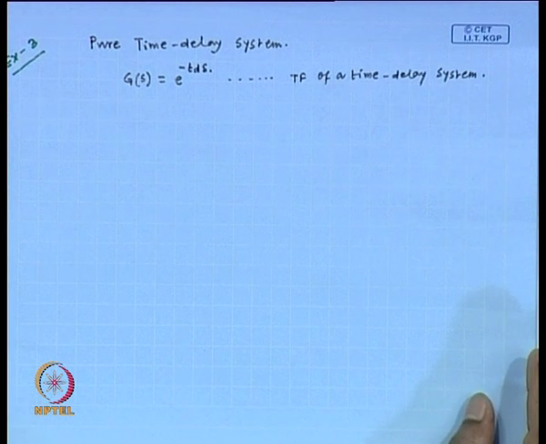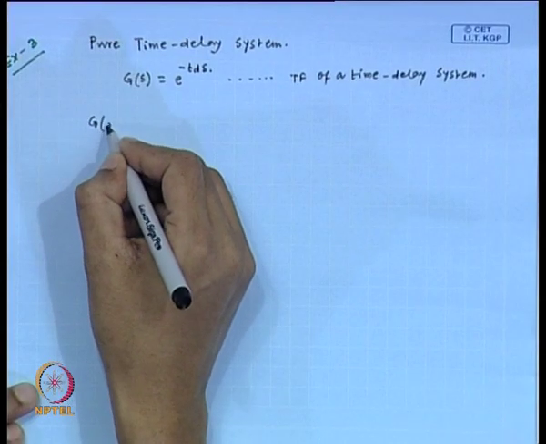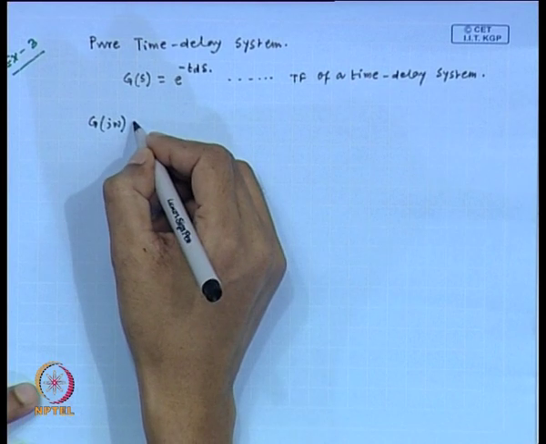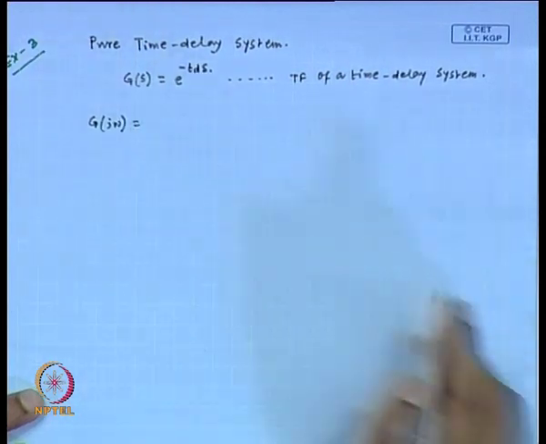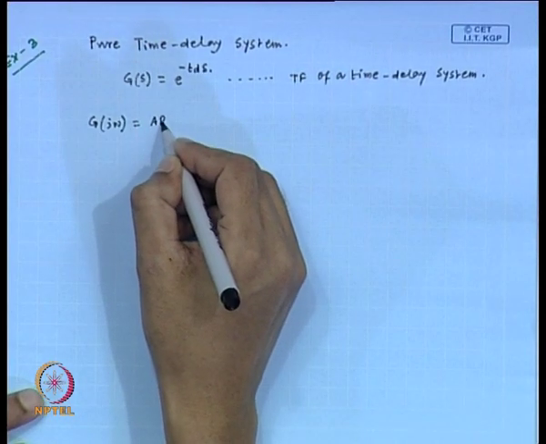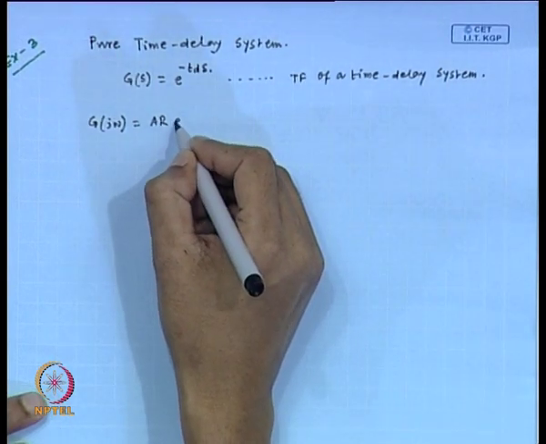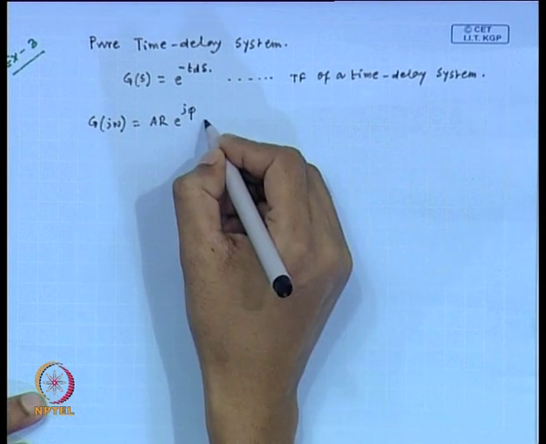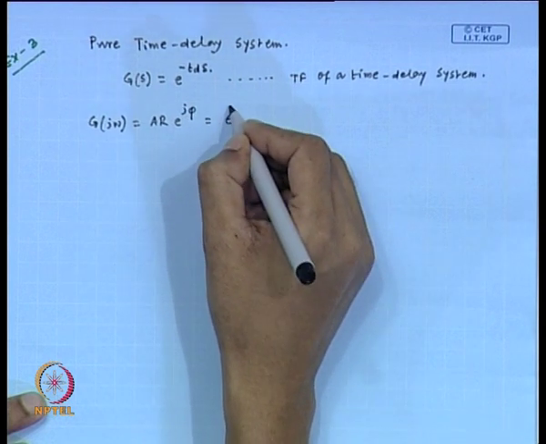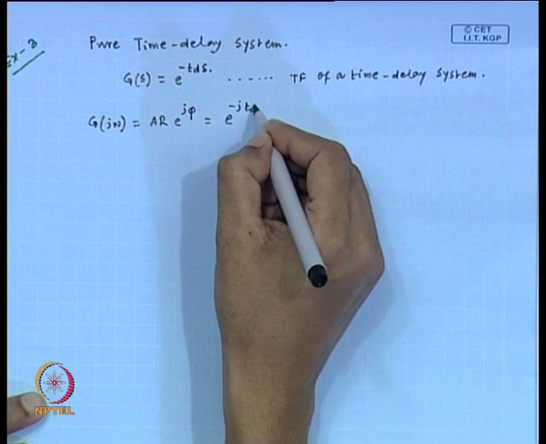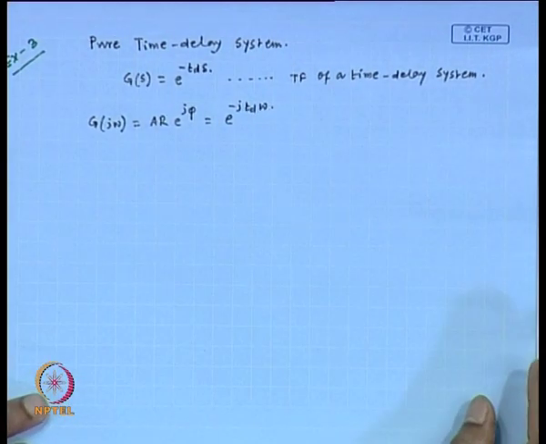So, what is amplitude ratio then? We can directly represent this transfer function in polar form. So, if we express the frequency response transfer function, we obtain G(j omega) equals amplitude ratio exponential of j phi equals exponential minus j T_D omega.